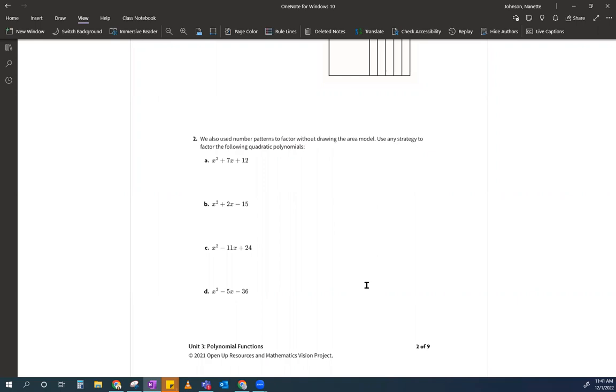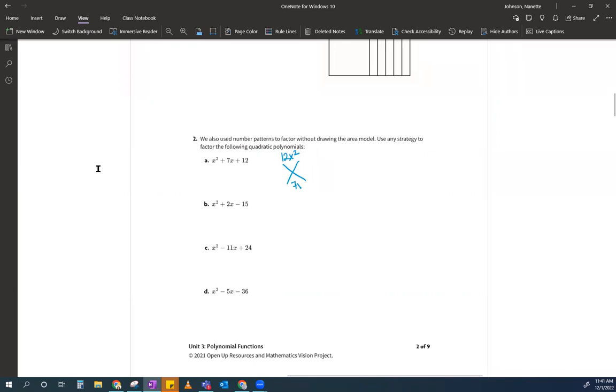All right. So the way I factor is I use the X and the box method. If you guys are familiar with that, I think some of you said you were. So the way I do this is I multiply the first and the last term, and that gets me 12x squared. And I get the middle term, which is 7x, and I put it down there.